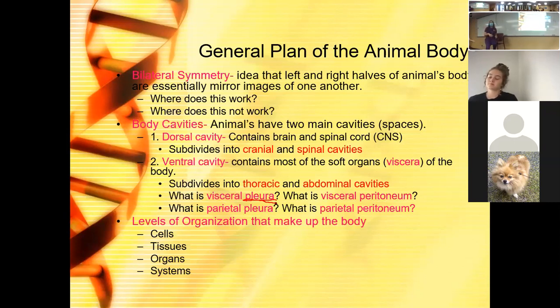So if I just say to you, there's a problem with the pleura, what's your first question? Which one? So I need a name for the one that's on the organ, and I need a name for the one that's on the cavity. Visceral.